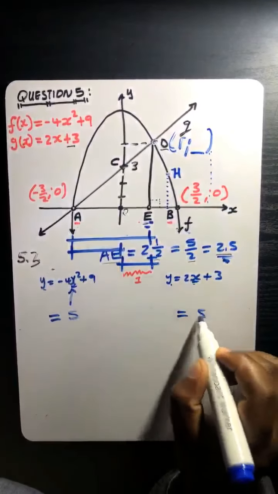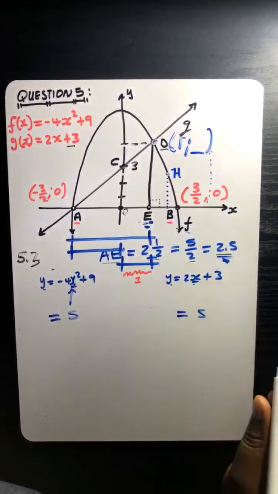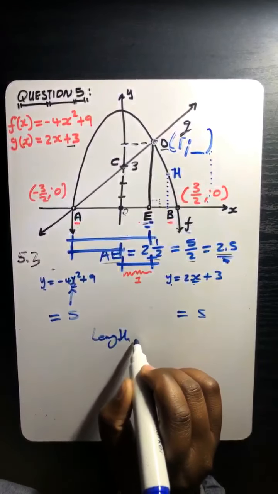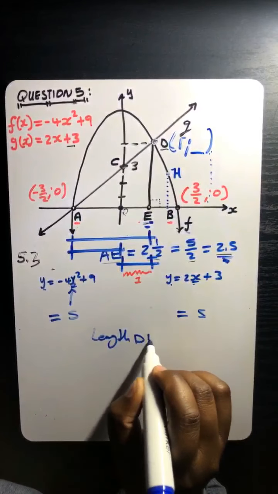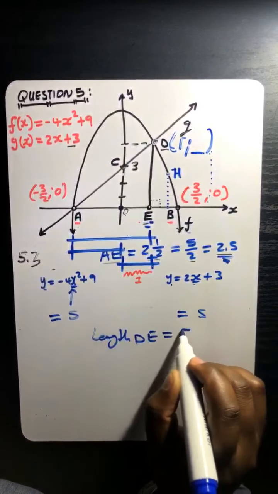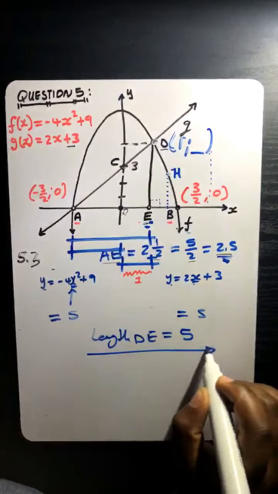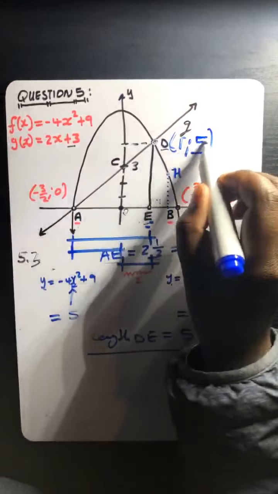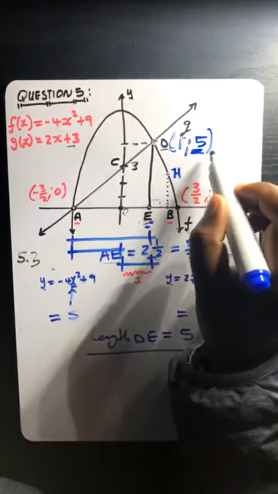So I hope everyone is also getting the same. So now you are going to say the length of DE is equal to 5.